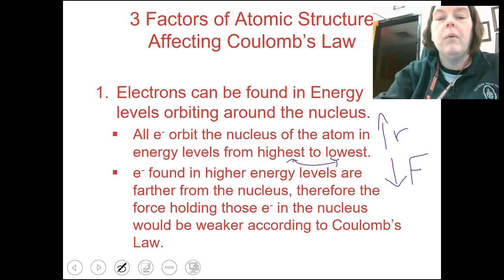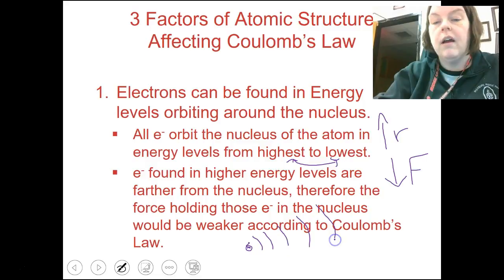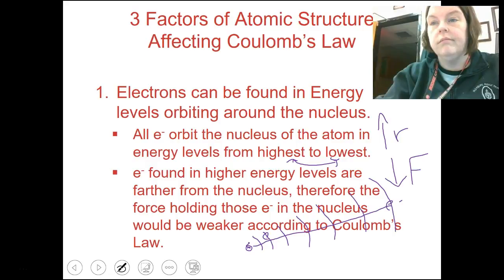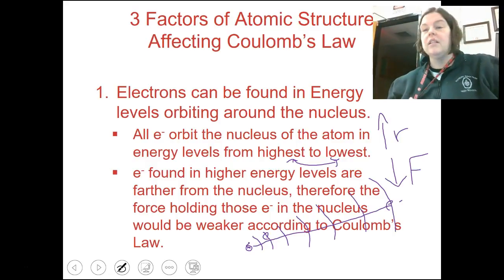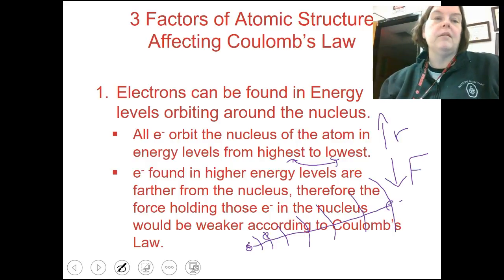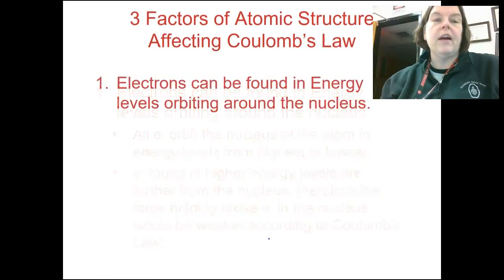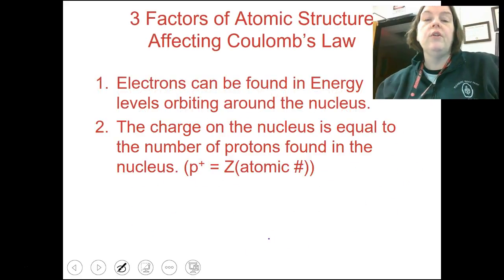So as I'm going from the nucleus to energy level 1, 2, 3, 4, 5, 6, and 7, these electrons out here are further away from the nucleus than these electrons in here. So Coulomb's law explains that very well and why that happens, okay? The next factor: the charge on the nucleus is equal to the number of protons found in the nucleus.